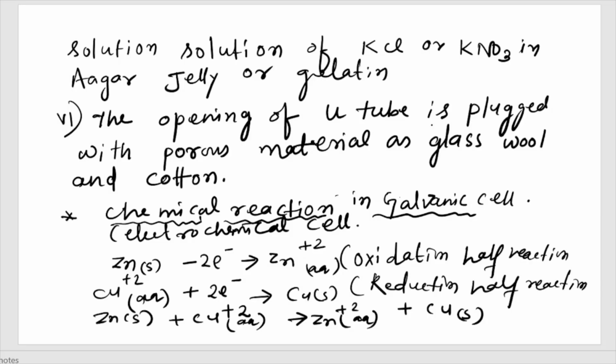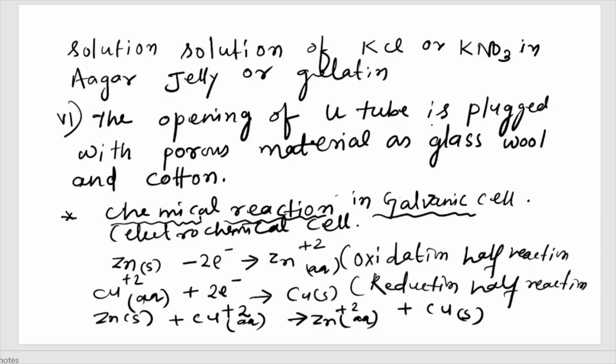So what is the total reaction? Zn(s) plus Cu2+(aq) gives Zn2+(aq) plus Cu(s). That means Cu2+ in solution changes to Cu, and Zn solid changes to Zn2+ aqueous. Are you clear? This is the chemical reaction, two half cell reactions.